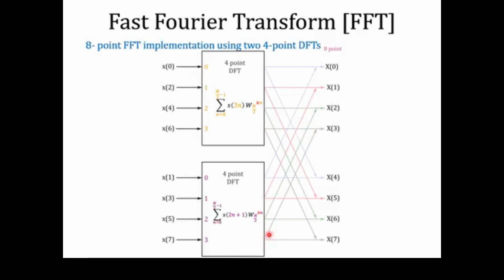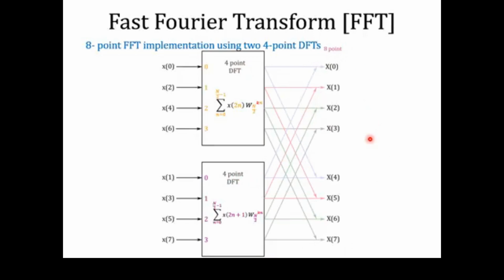So we will draw a diagonal line so that we can use B of 3 for an addition operation. Similar is the case for X of 7. We again need A of 3 and B of 3. So B of 3 is this one, which is shown by a straight line. And in order to use A of 3 during addition, we will draw a diagonal line from this point to this point. So this is how we can combine two 4-point DFT outputs in order to make a single 8-point DFT output.